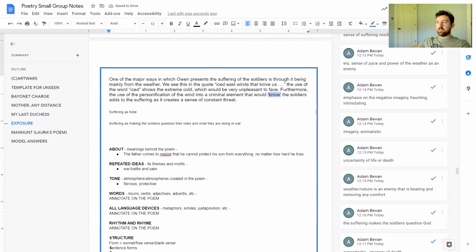I'll just take out that. It's okay to reference the quote if you can't use the exact word for the tense, so that's fine. That would knife the soldiers, adds to the suffering, creates a sense of constant threat.